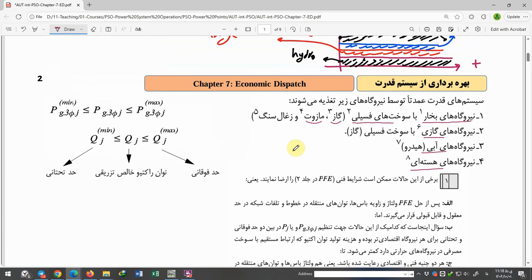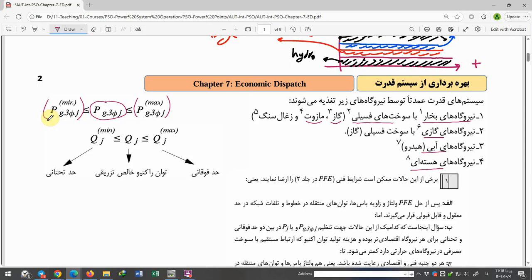Each generator has a limitation about the generated active power. The generated active power is limited to max and min. It is not possible to generate zero power, active or reactive.